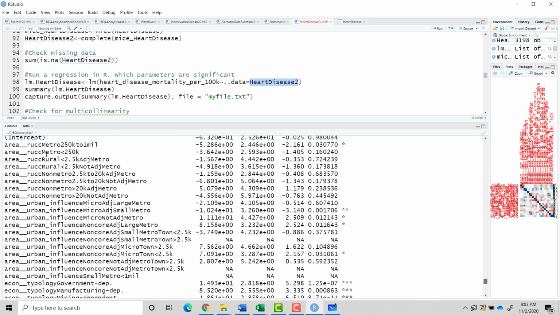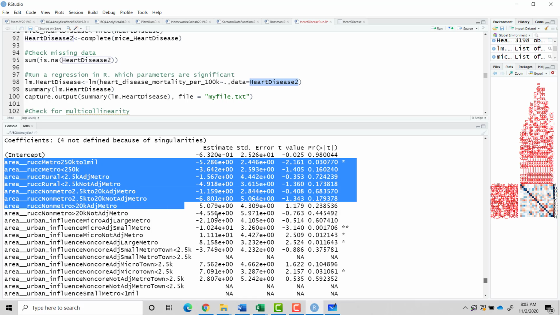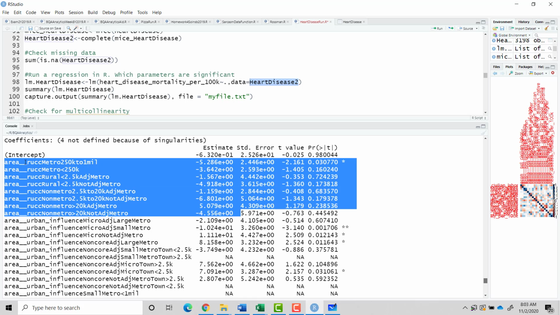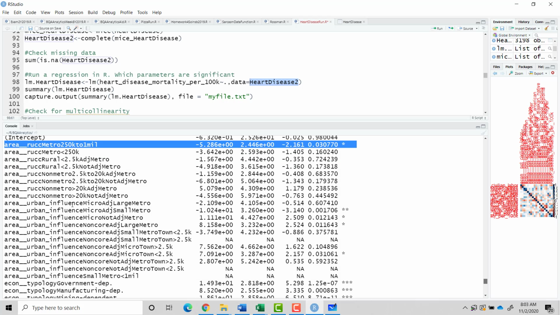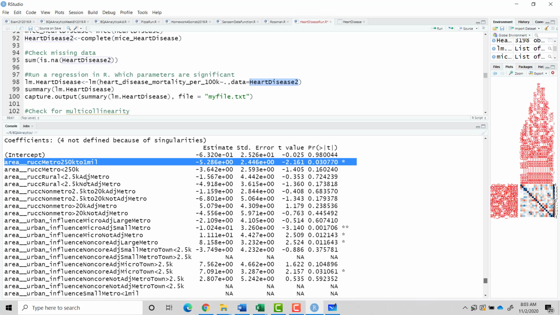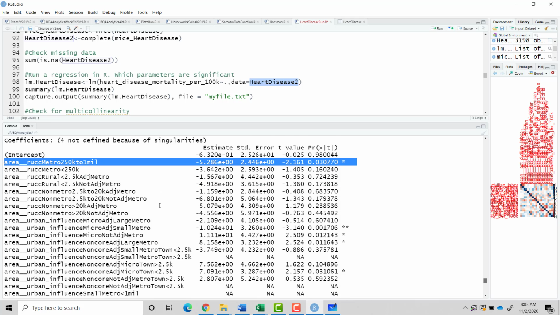So we can see here, generally, they're not very significant. We have negative estimates for the first area category. For the metros, we have a significant one. I'm guessing that because it's not included, the metro over 1 million is the base category, so everything is relative to that. The same here, everything is relative to that base category of over 1 million, but there's not a high degree of significance there.